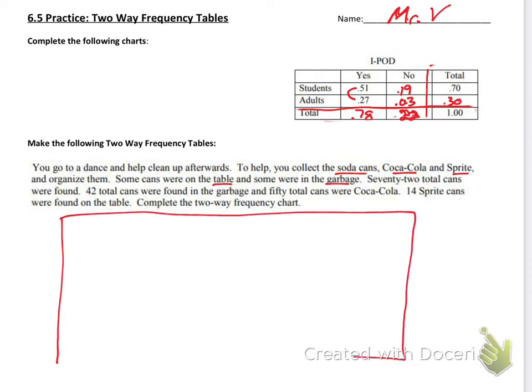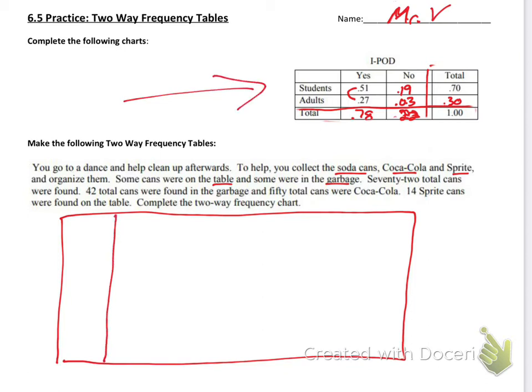Since it's a two-way frequency table, it's going to look a lot like this. You can just start with your one section there, and then one section on the top, and those are for your labeling. Then we have soda cans, so we'll do soda on the left, and on the top we'll do location.